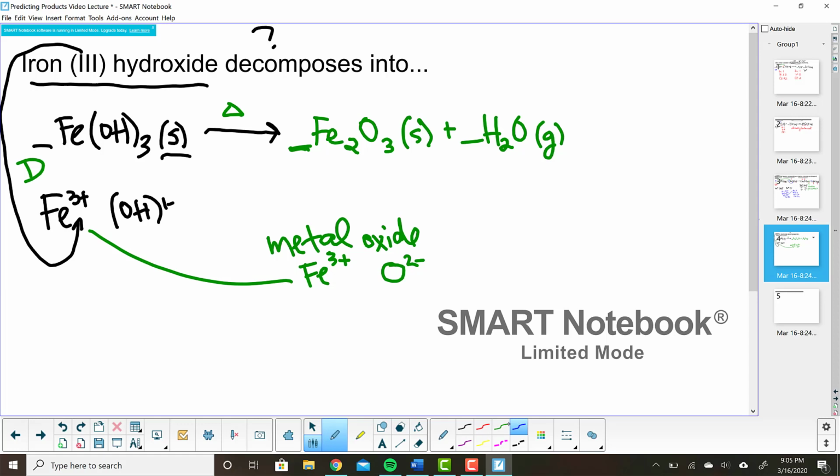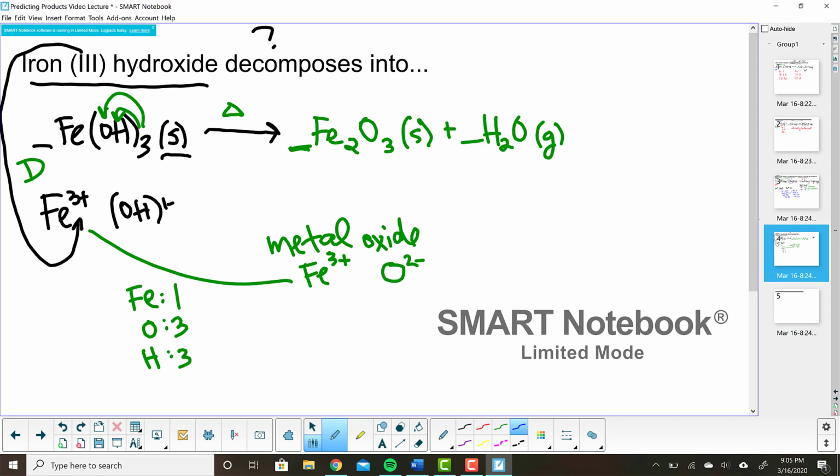Now we just need to balance. On the left, I am unable to keep the OH together. I'm going to have to separate it. So I've got Fe, I've got 1. In terms of oxygens, I have 3. This 3 distributes to both the oxygen and the hydrogen. So I have 3 oxygens and I have 3 hydrogens.